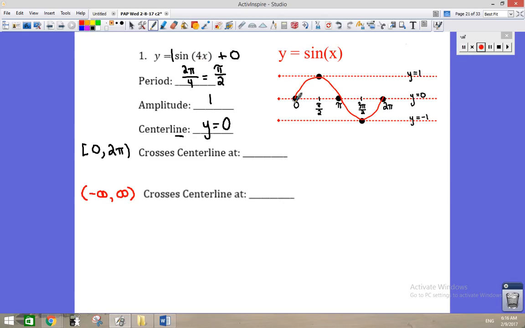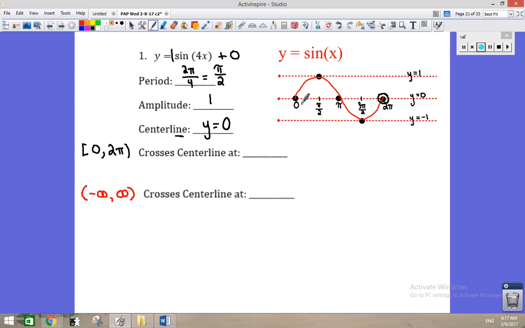Instead of intersecting in 2 places, because this should be a hollow dot at 2 pi since we're not considering that endpoint, here it's crossing the center line twice. But if you compress that distance and you still look at 0 to 2 pi, it's now going to cross it 8 times. So let's take a look and I'll show you how to write those out.